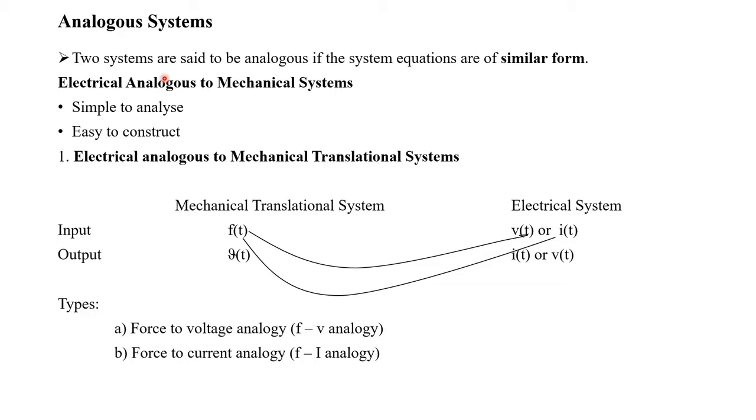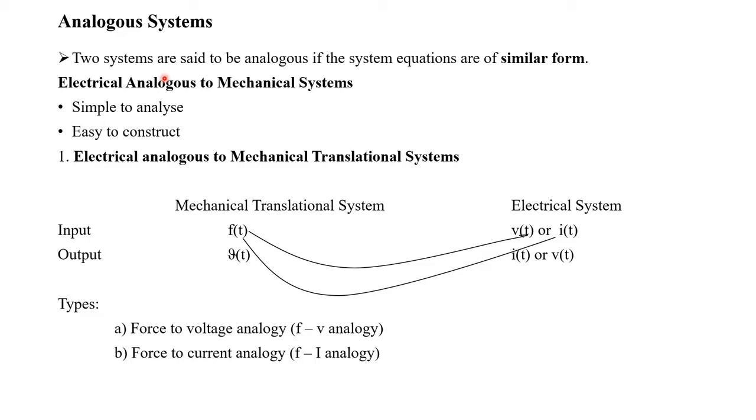Because electrical systems are simple to analyze, and we can easily construct an electrical system using the three components R, L as well as C. Under mechanical systems, we have studied two types, mechanical translational systems as well as mechanical rotational systems. First we are going to transform the mechanical translational system into the electrical system, that is, the electrical analogous to the mechanical translational system.